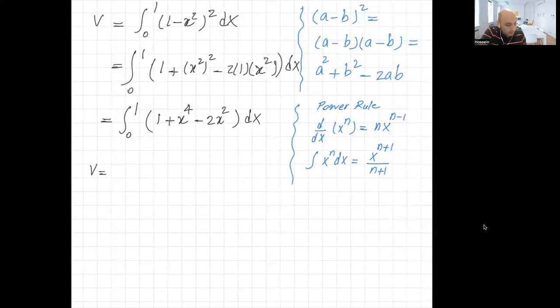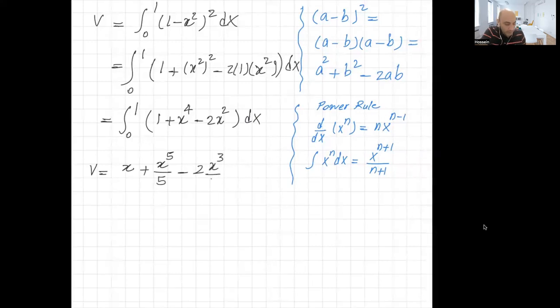So V is equal to, I should remove the integral sign because I'm going to solve that. The integral of 1, the first term, is going to be x. The second term, I'm going to add to the power: x to the fifth divided by 5, minus 2 is the multiplier, and then the integral of x squared is going to be x cubed divided by 3.